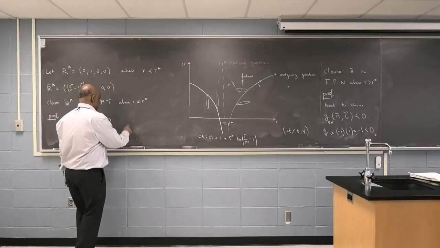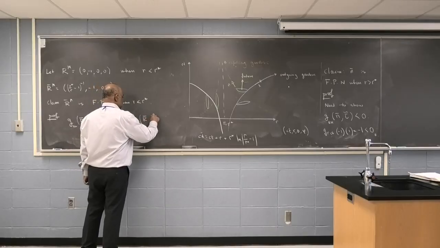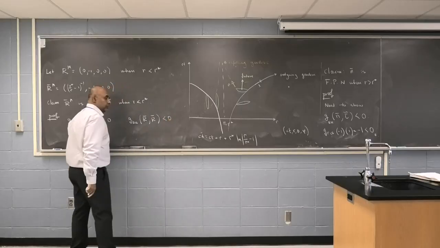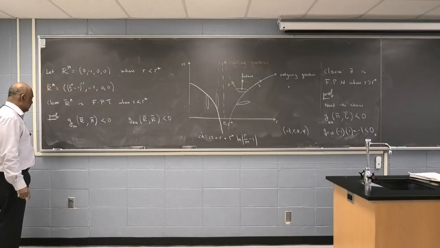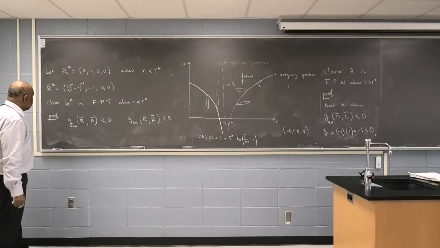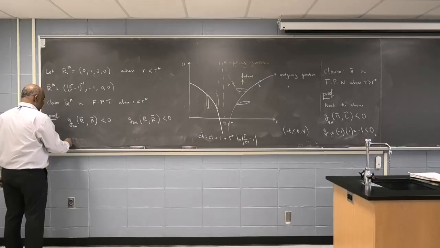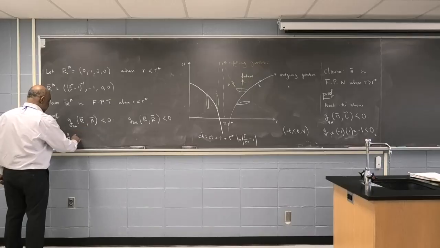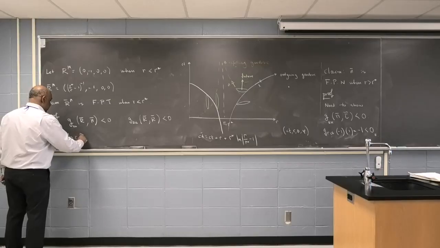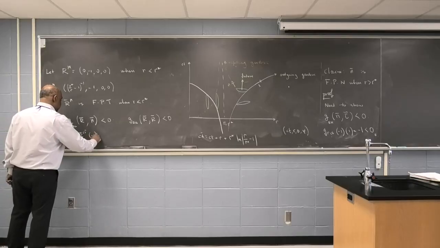And I need to show what? Let me show this part. This has only R, so I would have G. This is R, because N has only R, so it has to be CT, R bar of CT bar, and -1.